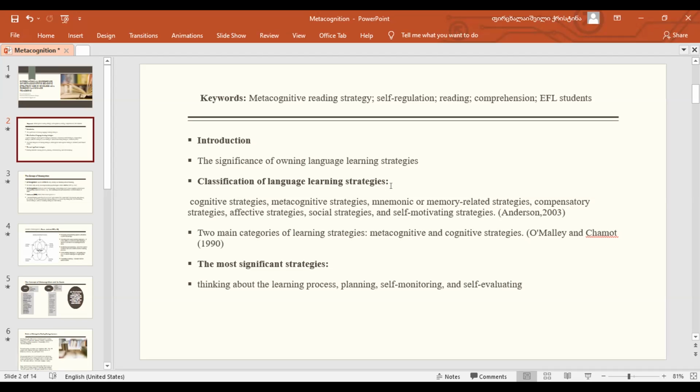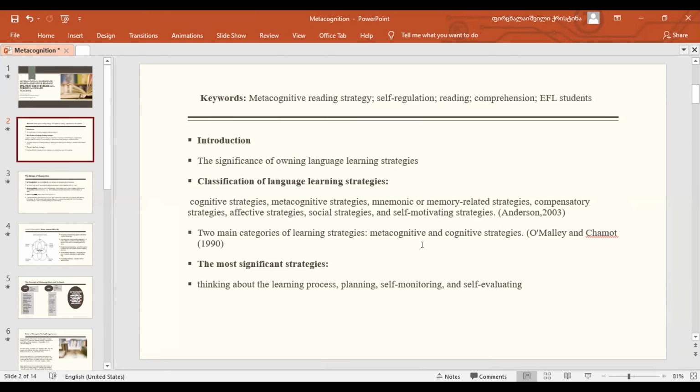And we have different classifications of language learning strategies. For example, Anderson in 2003 offered the following classification: metacognitive strategies, memory-related strategies, compensatory strategies, affective strategies, social strategies, and self-monitoring strategies. Some classifications are larger, while some are not.